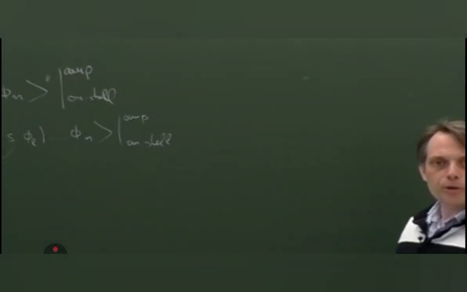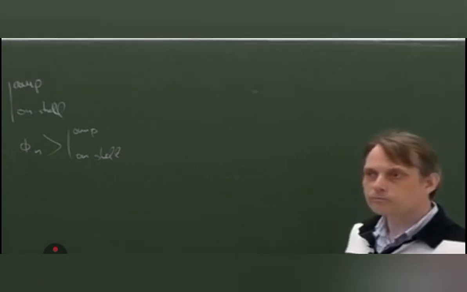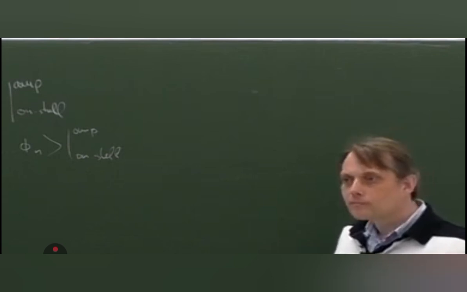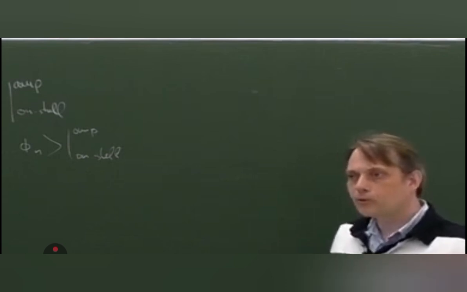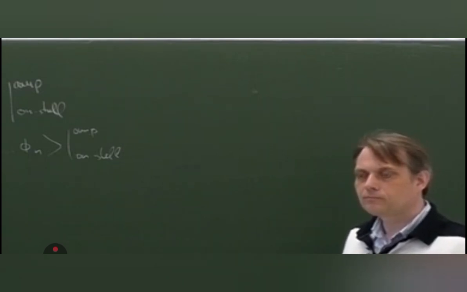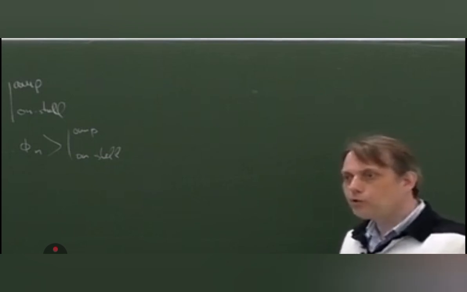Small check, who remembers a term in a BRS transformation which is linear in the quantum fields? What, for example, would be the term which is linear on the right hand side? The derivative d mu c.